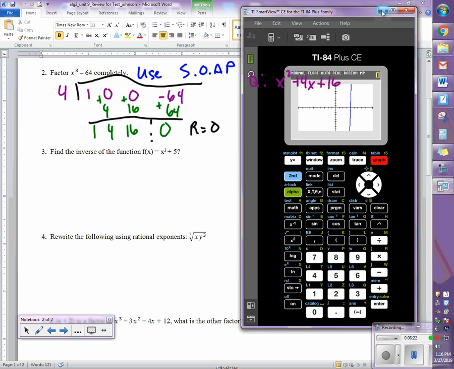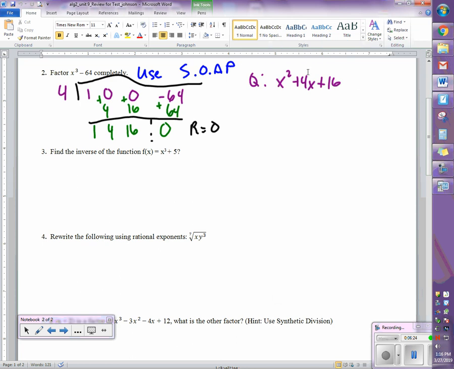If I went through the quadratic formula and solved x squared plus 4x plus 16, I would have imaginary solutions. And at this point in time, imaginary solutions are not necessary. And so we're not going to use those as factors.